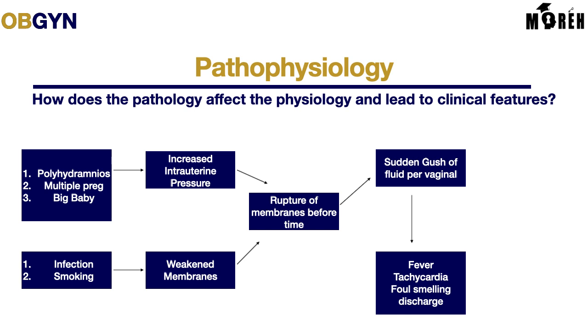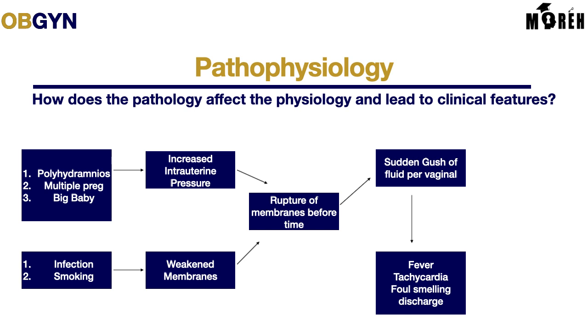Another one is multiple pregnancy. If there is more than one fetus, especially if they are monoamniotic, in one amniotic sac, again, it can lead to premature rupture of membranes. A woman with a big baby can also have premature rupture of membranes.